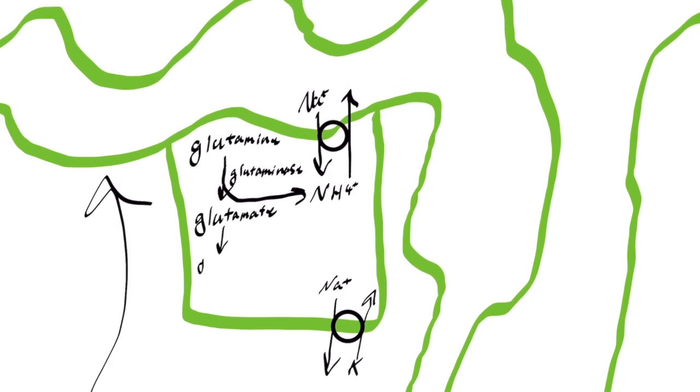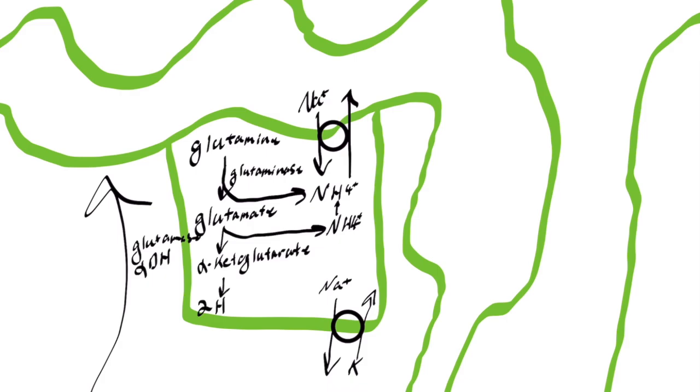Glutamate can be further broken down into alpha ketoglutarate through glutamate dehydrogenase. This also produces an ammonium ion, which can then be excreted into the urine. But the end product of alpha ketoglutarate breakdown is 2 bicarb. So you have 2 ammonium made and 2 bicarb made.